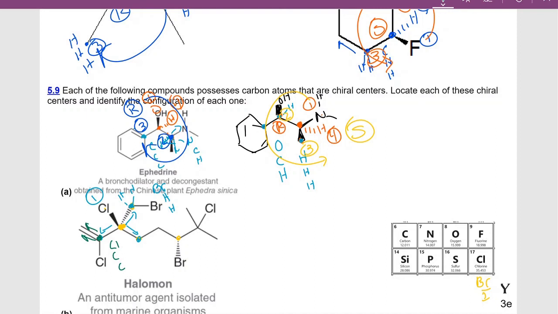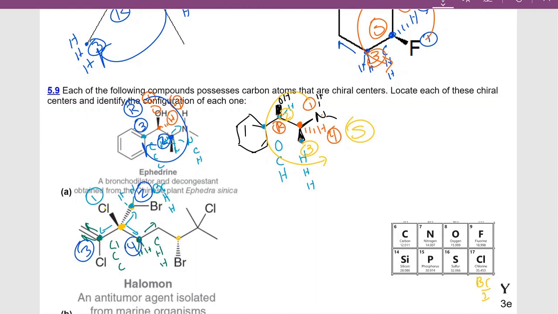So this carbon here has carbon, hydrogen, hydrogen attached to it. So we've got bromine versus chlorine versus carbon. Okay, so the carbon bearing the bromine is going to be priority number 2. The carbon bearing the chlorine is going to be number 3. Okay, the carbon with just a carbon attached at that point is going to be number 4.